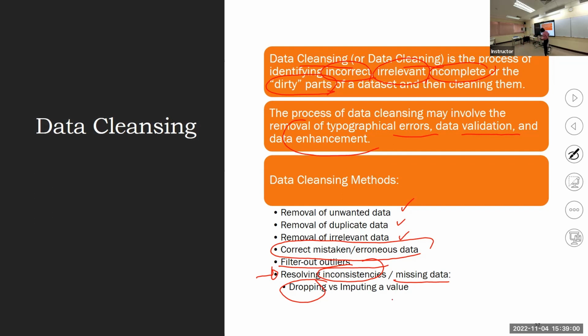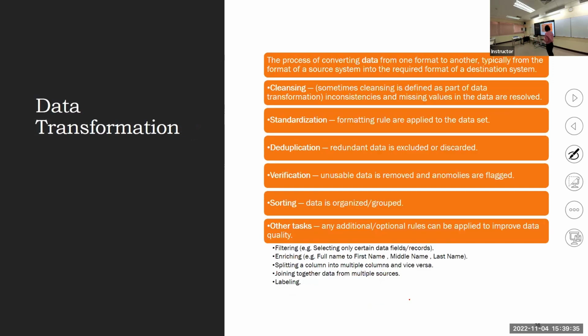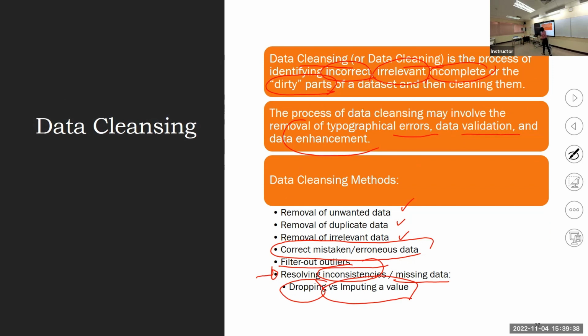But if not, then maybe imputing a value for the missing data or the inconsistent data. Imputing means maybe you have some default value to represent the missing or inconsistent data, or you find an average, a mean value, or median value, and replace the missing data with the median or mean, something like that. There are several techniques, depending also on your data characteristics and nature, which technique would be the best. Okay, then that is the cleansing process.